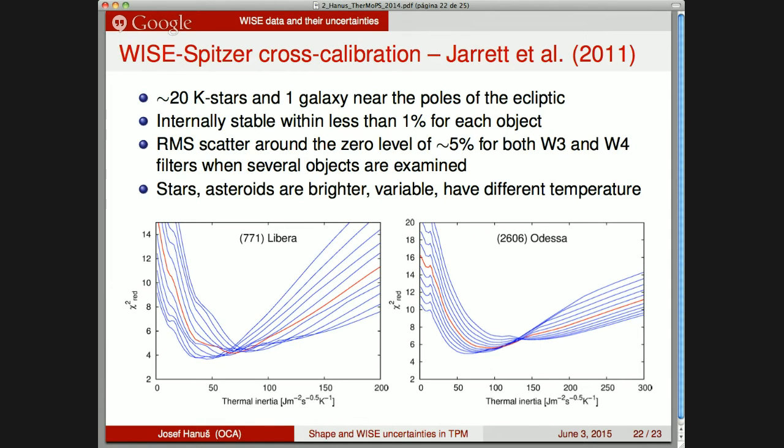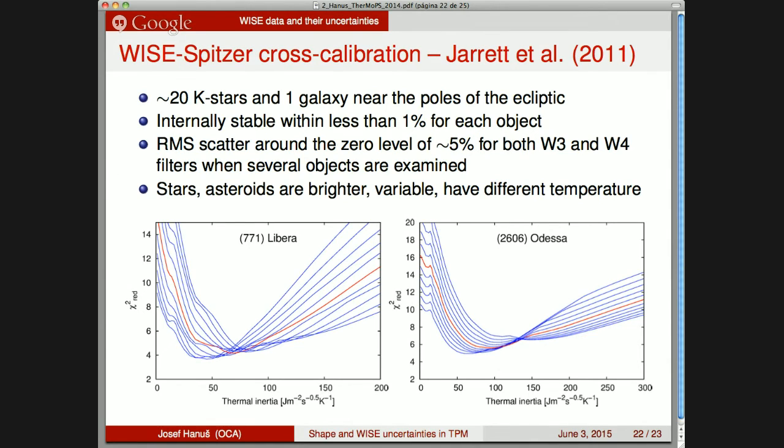Actually, it's much less than 1% for each star. However, there is a scatter around the 0 value given by Spitzer of 5% in both W3 and W4 filters when we look at individual objects.